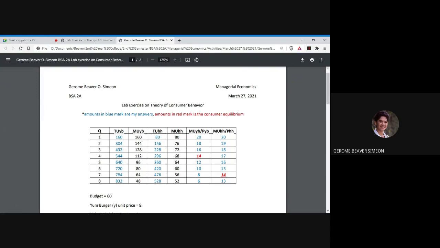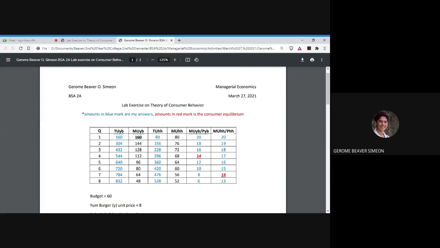That goes the same for the total utility for Halo Halo. And then here, the marginal utility for Yum Burger divided by the unit price is just like what the formula says. So the marginal utility for Yum Burger, let's take 160.